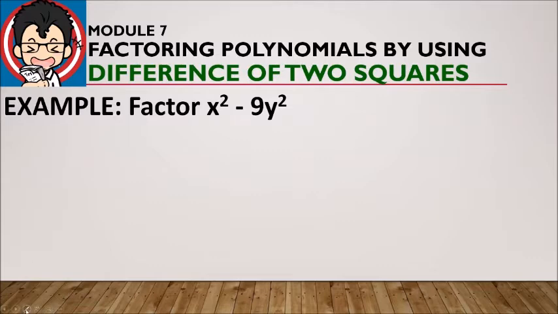Now for the next example, this time we will factor polynomials by using difference between two squares. Now in this example, we will factor x squared minus 9y squared.